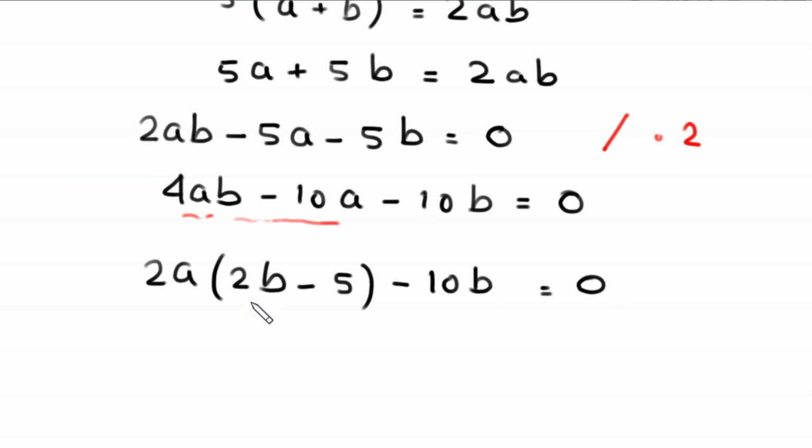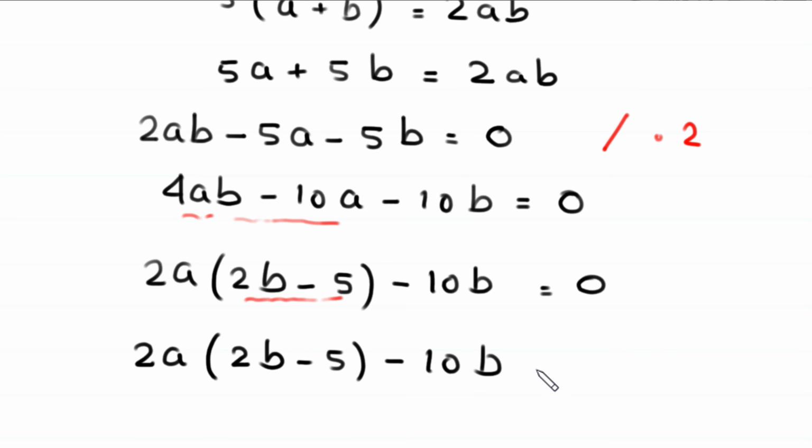Now here we have a factor 2b minus 5. To get the same factor here, we add 5 squared, that means 25, to both sides. So the equation becomes 2a times (2b minus 5) minus 10b, and we add 25 to the left hand side, equal to 0, and we add 25 to the right hand side.